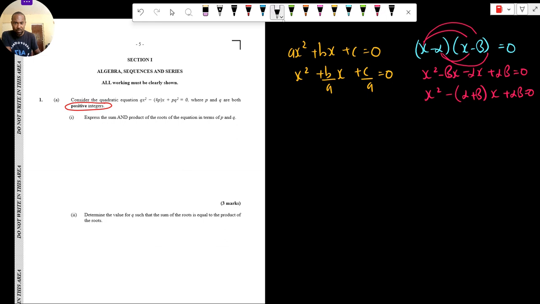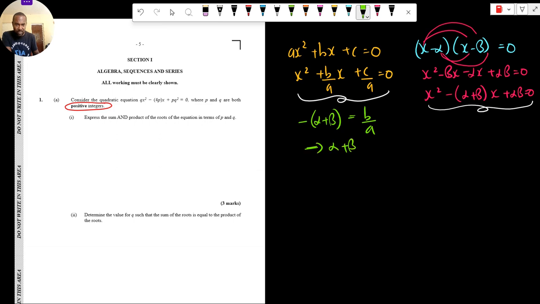Now, if we simply compare these two forms of this quadratic equation, what do we notice? If we look at the coefficients of x, what we'll see is this. Minus bracket alpha plus beta is actually equal to b over a, which therefore implies that the sum of the roots alpha plus beta is equal to minus b over a, right?